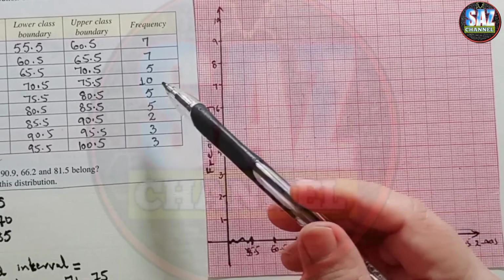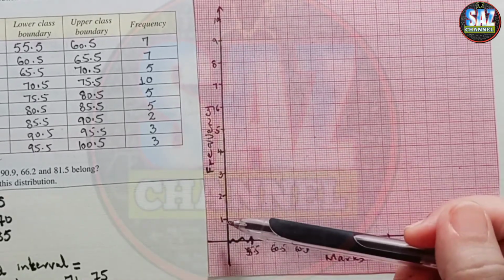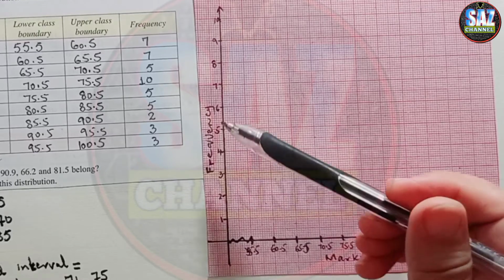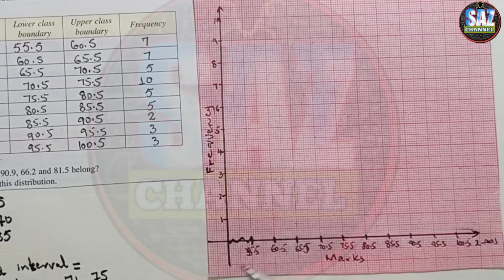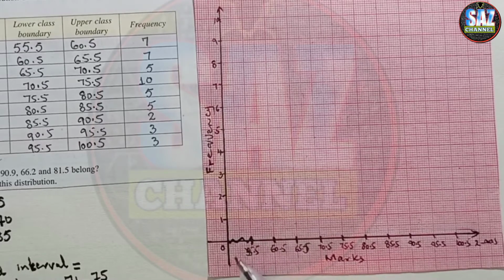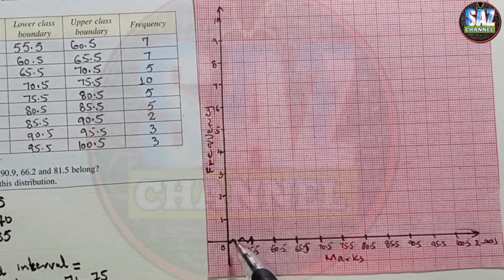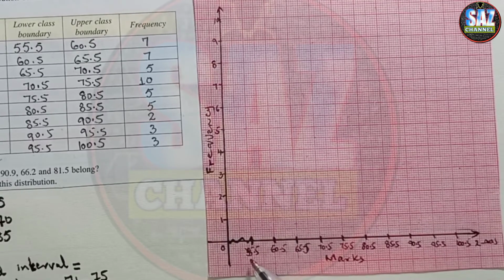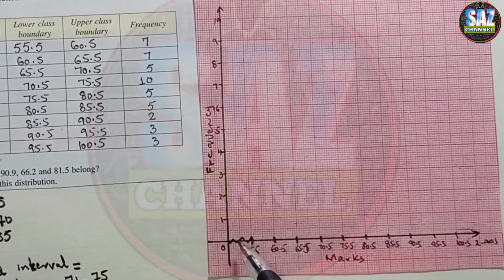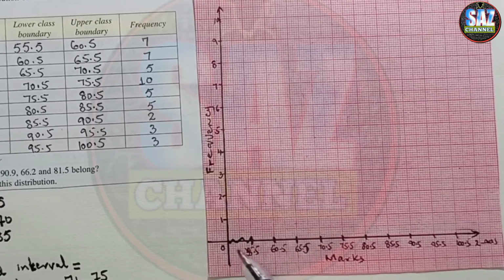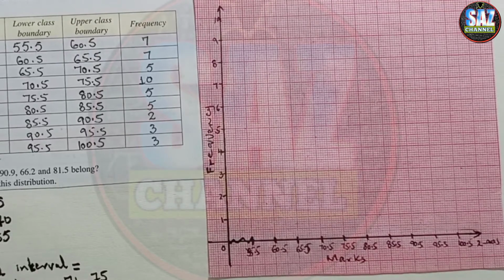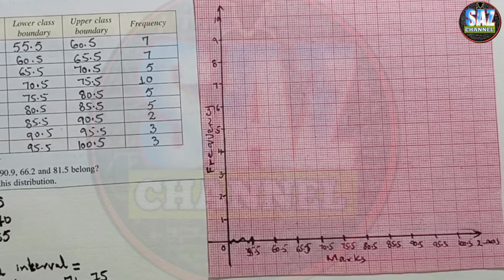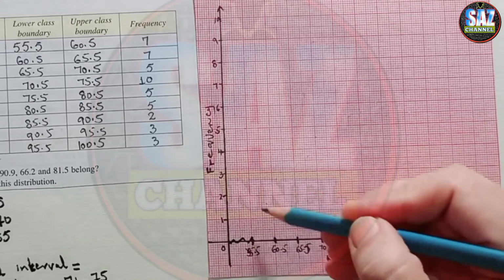As the data for frequencies is not too large, we can have 1 centimeter equal to 1 unit for the y-axis. And why am I putting this zigzag line? Look, the data is beginning with 55, 56. This is the scale break, and that will tell us that there are values behind this data as well. Now for 55.5 to 60.5, the frequency is 7.